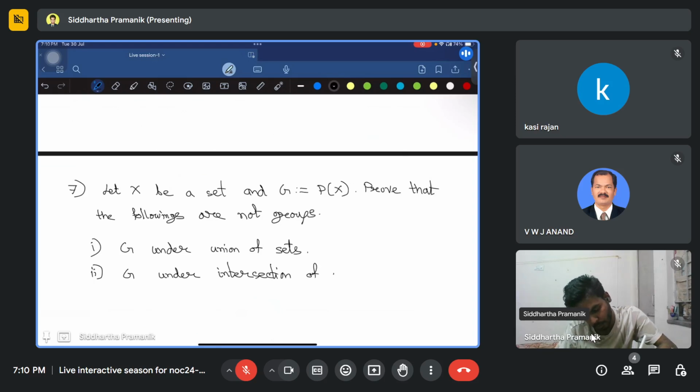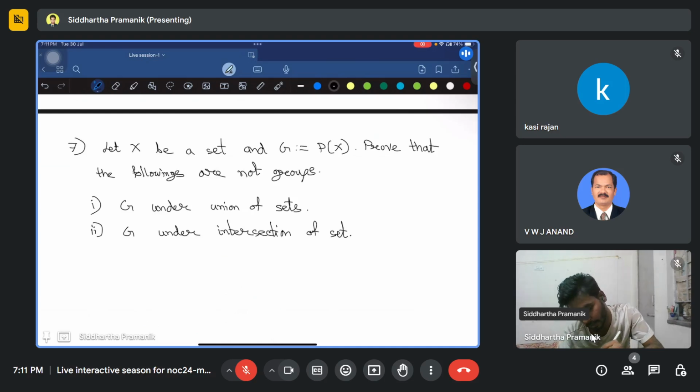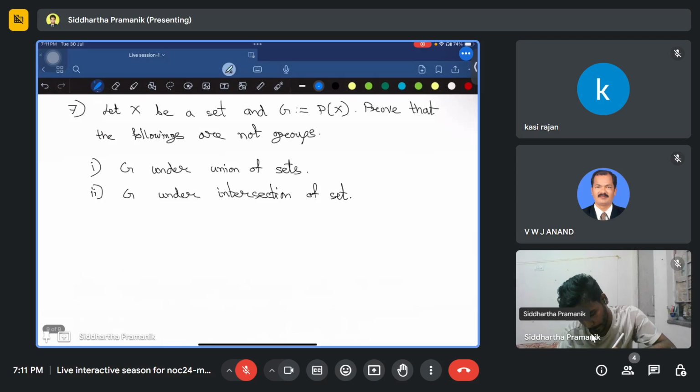So these are two natural operations on sets, right? Let's check under these operations whether the power set forms a group or not. I have written it will not form a group, but we need to check exactly what property fails here. So any guesses which property will fail?